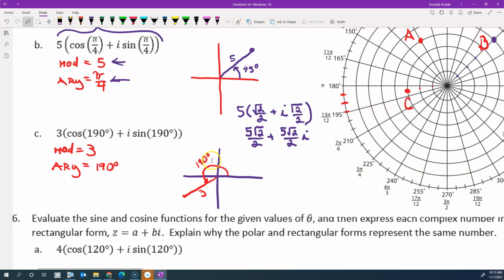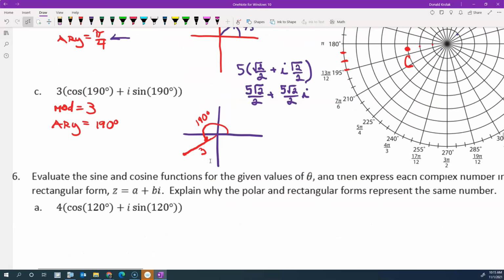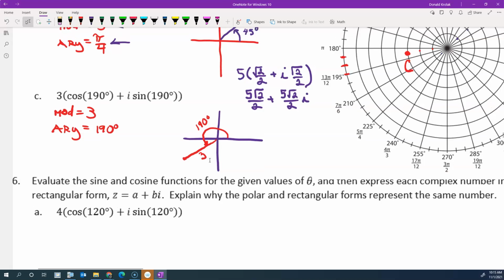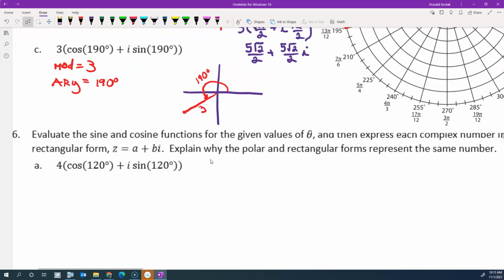Now what the next part's doing is asking you to convert back the other way. So we're starting with polar, and we want to end up with rectangular. When I'm done, I want this to be in rectangular form.